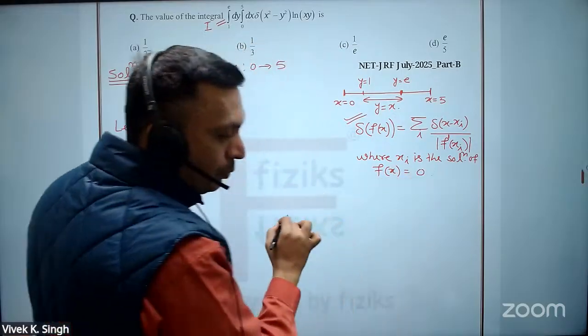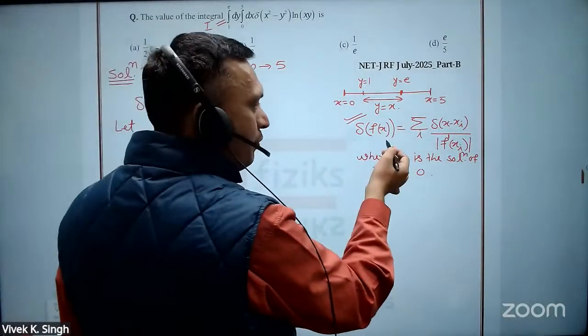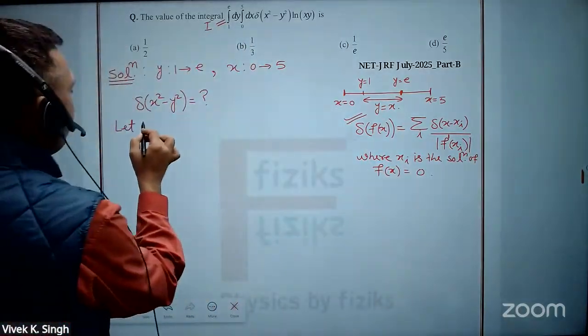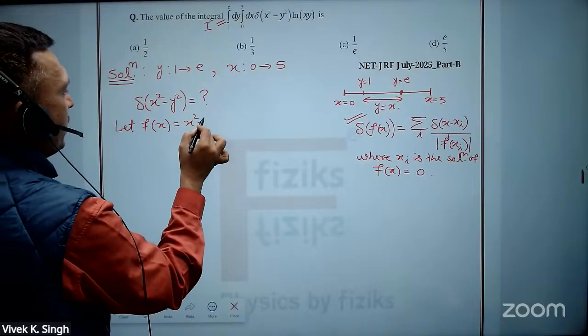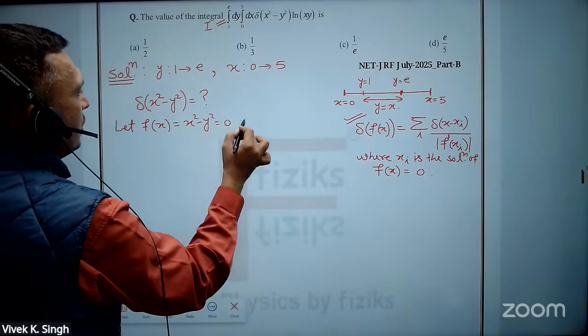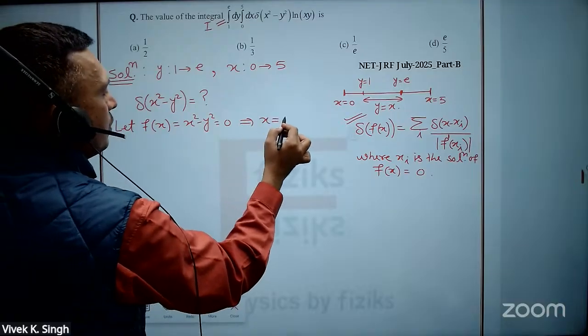Whenever you have to write delta of f(x), you have to use this method. So let f(x) be x square minus y square equal to 0. This will give you x is equal to plus minus y.